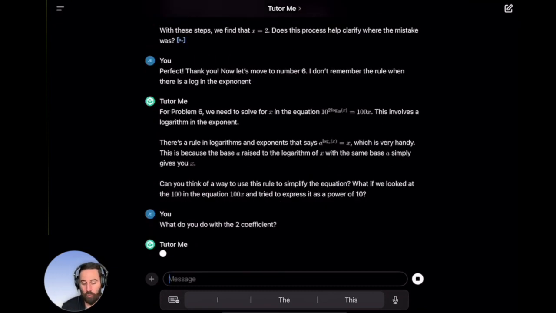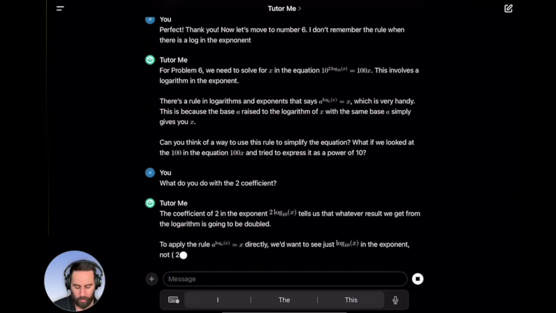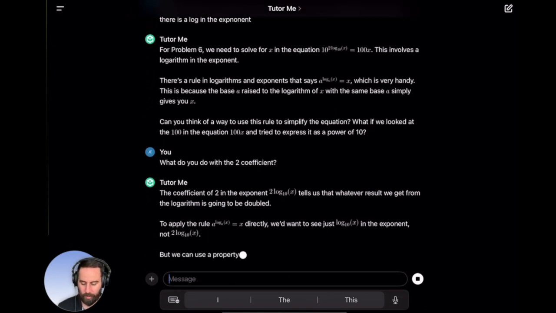So if base 10, would it be 2x equals 100? Let's see. Okay, so that equals that. It tells us that whatever result we get from the logarithm, it is going to be doubled. To apply that rule directly, we'd see just 10 in the exponent, because we can use a property of exponents to help us.